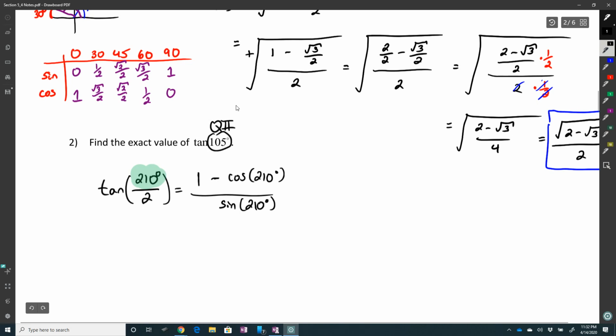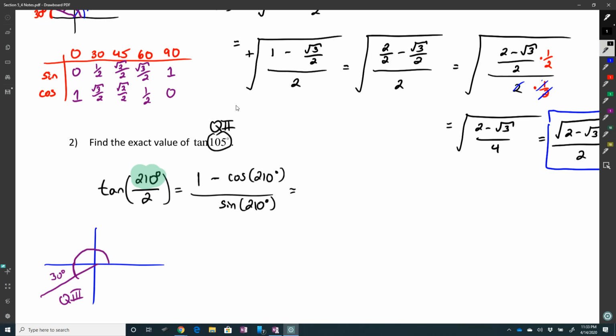Okay, and the sign for tangent will fix itself if you just work it out. So 210 is going to be a full 180 plus 30 more. And we're in quadrant 3. Okay, and in quadrant 3, both sine and cosine are negative.